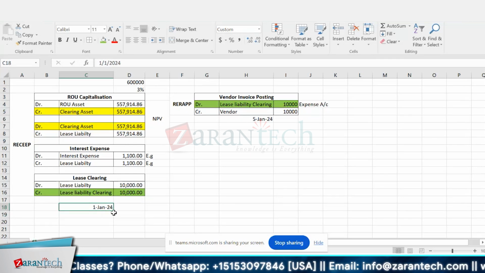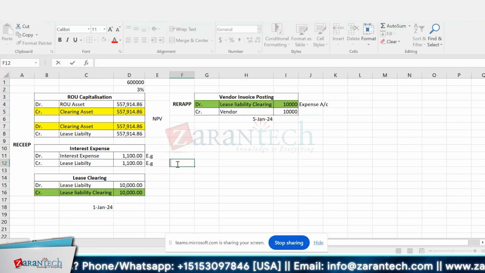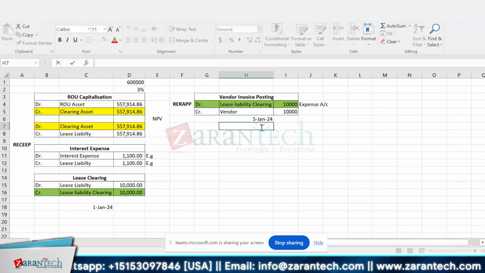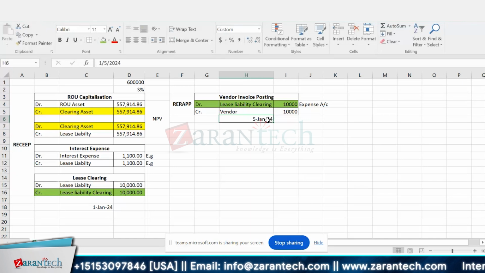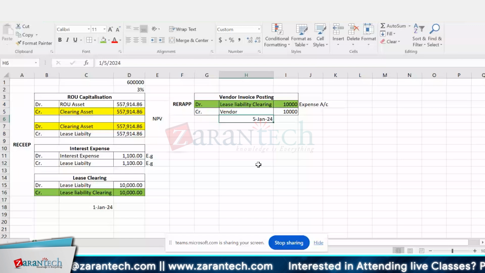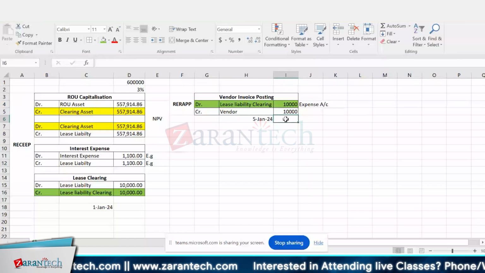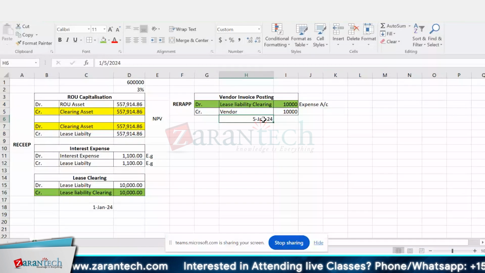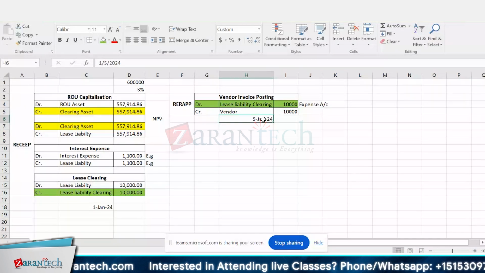Correct. And now when I have posted on 5th of Jan, because I received the invoice on 5th of Jan, my due date will be either 4th or 5th of February. So those 5 or 6 days of amount which I'm not paying, until my due date is calculated, I am saving within my account.